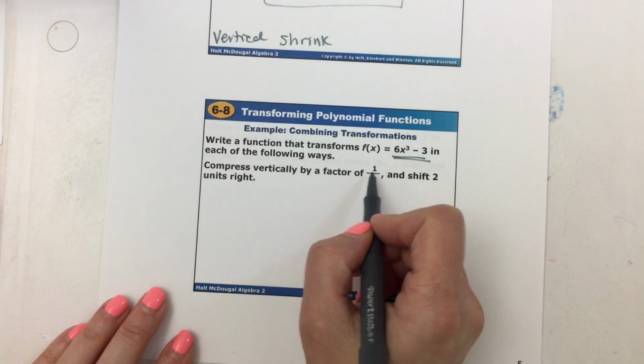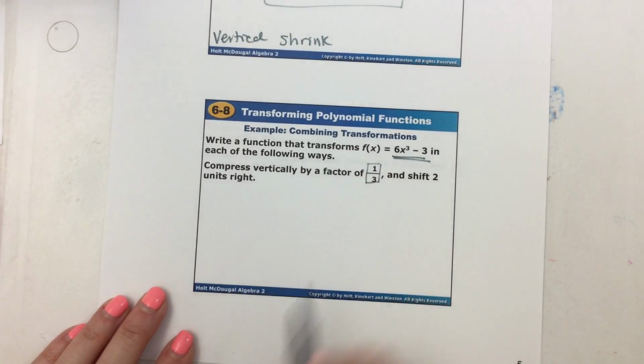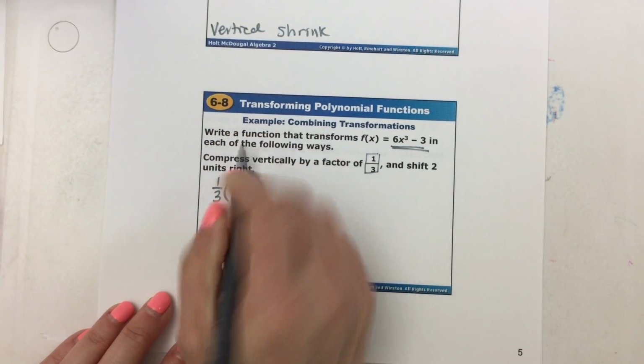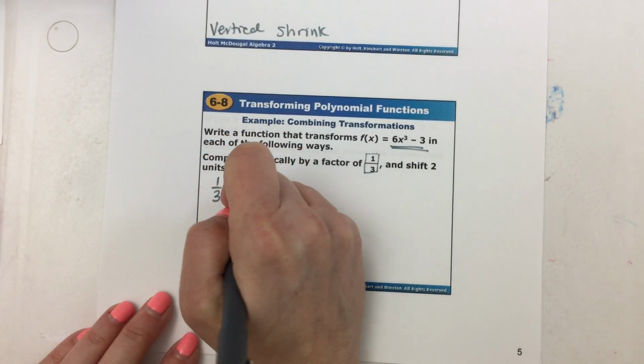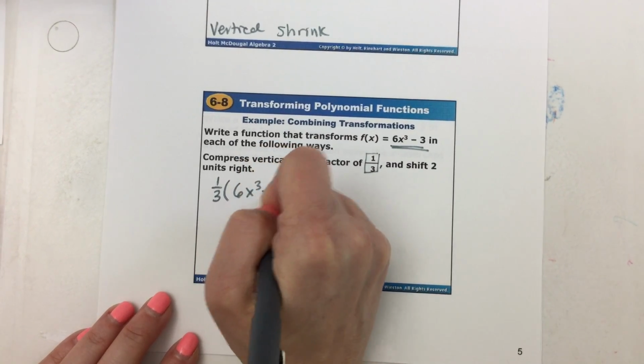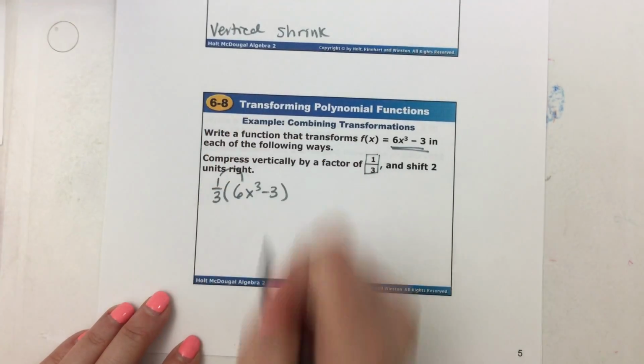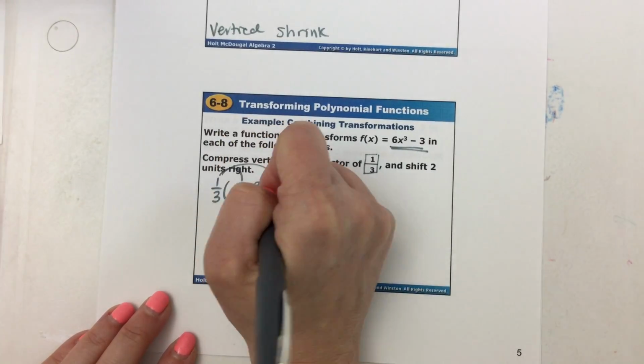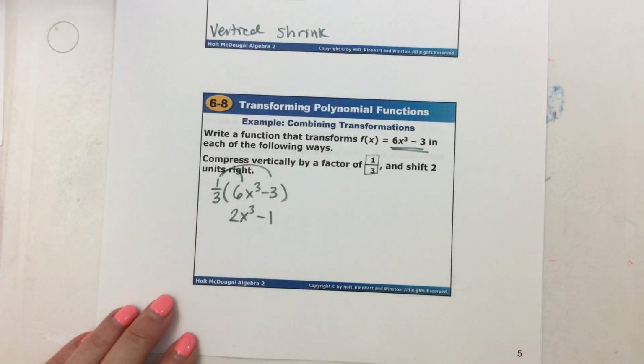So step 1, compress it vertically by a factor of 1/3. To do a vertical compression, you take whatever the factor is and you distribute that out front. So 1/3 of 6x cubed is 2x cubed, minus 1/3 of 3 is 1.